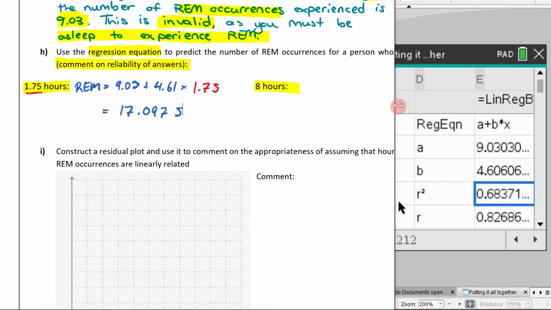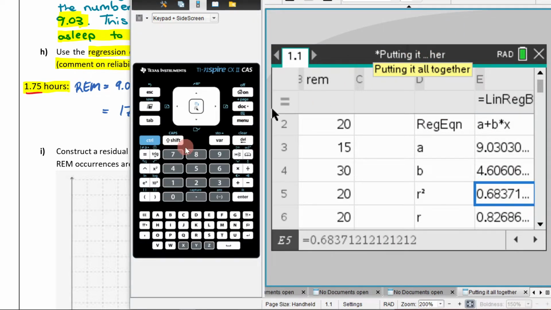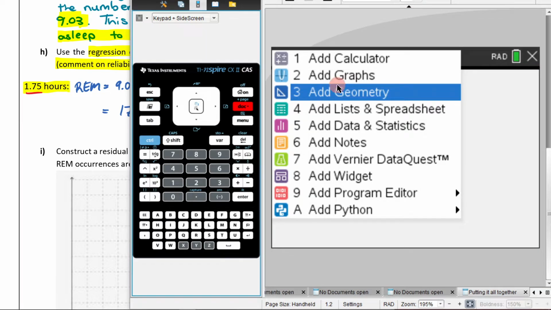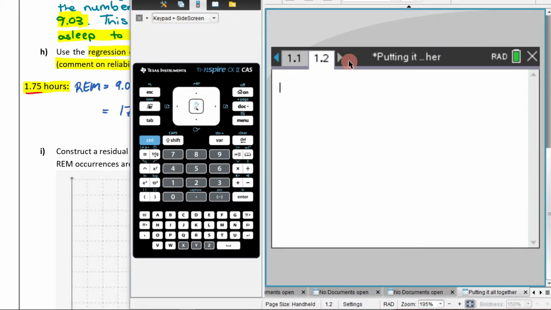And again, if you wanted to see how to do that on the CAS, let me quickly show you. So let's come over to the CAS, and I'm sure you can all do this, but let's do it anyway. Control, Doc, add calculator, and then we're just going to type that in. So 9.03 plus 4.61, and then we're going to times that by 1.75. We hit enter, and there is our answer right there, 17.1075.